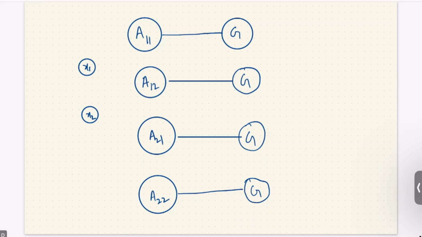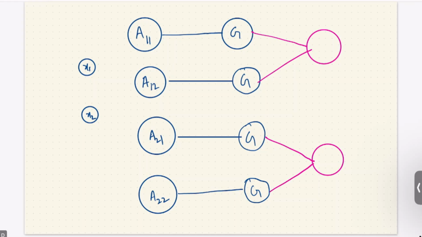Now I will keep here some composition, a different colored one. This one with this one, this one with this one. This I am producting. I am just multiplying the outcomes.